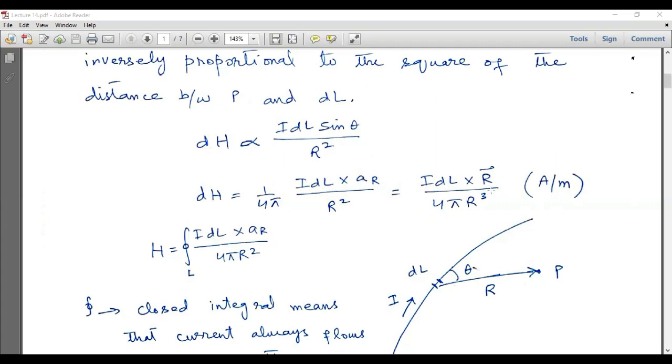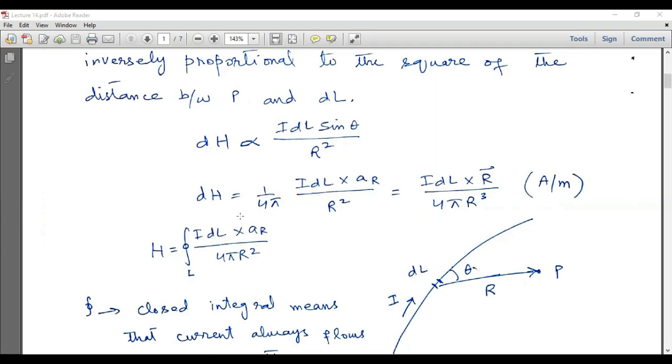This unit vector can be written as r vector over r magnitude. The unit of magnetic field intensity is ampere per meter, right? Because we have ampere over here, dl is in meters, r is in meters, and this is 1 over meter cube. So meter square over meter cube is ampere per meter.